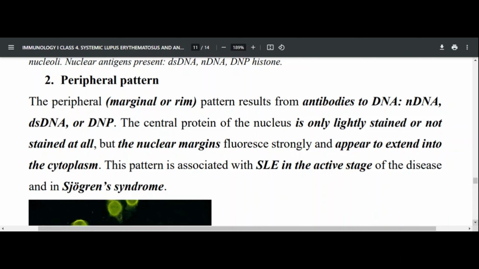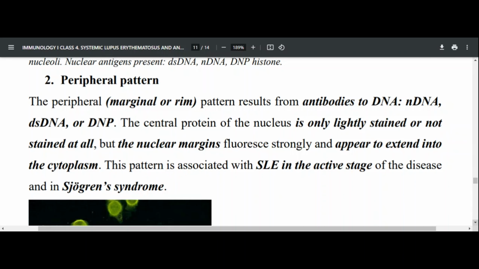The central part of the nucleus is only lightly stained or not stained at all, but the nuclear margin fluoresces strongly and appears to extend to the cytoplasm. This pattern is associated with systemic lupus in the active stage of the disease and sometimes with Sjogren syndrome.